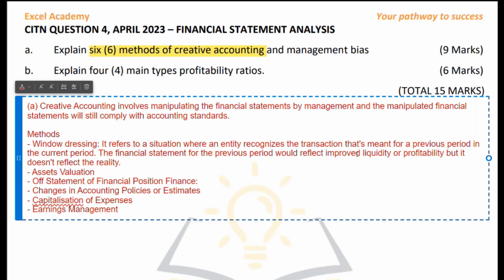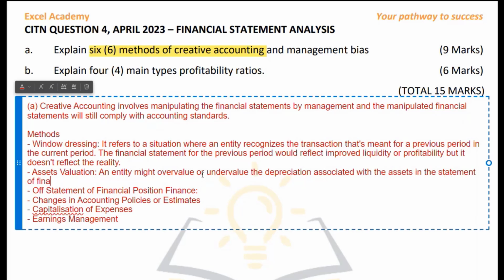Another is asset valuation. The entity might overvalue or undervalue the depreciation associated with the assets in the statement of financial position. How can this entity do this? By using an inconsistent depreciation policy. An entity might decide to change from the straight line method to the reducing balance method.